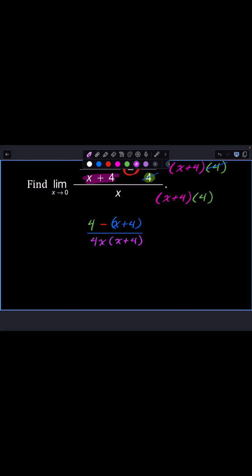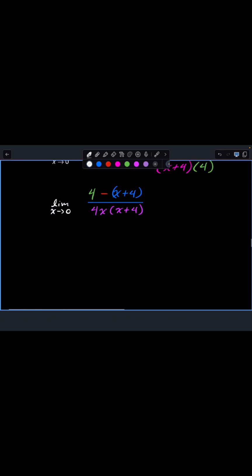Yes? Cool. So now this is the limit as x approaches 0 of this simplified version. Well, if I distribute this negative across, I get 4 minus x minus 4. The 4's cancel each other.